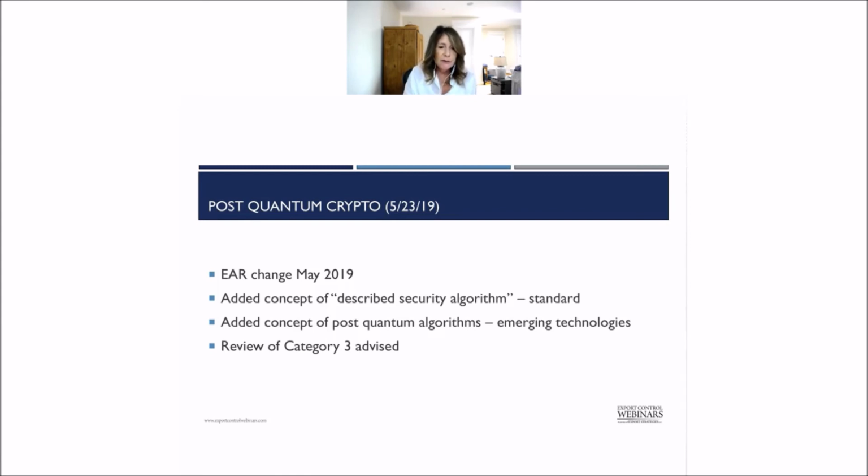But there are new algorithms in play because they're the ones that can be used on quantum computers, or can ultimately be destined for quantum computing, and that is emerging right now. Whether this exists in reality, we don't know, but there are specific algorithms that have been established that are now in 5A002.